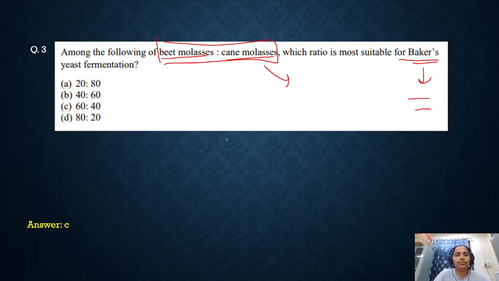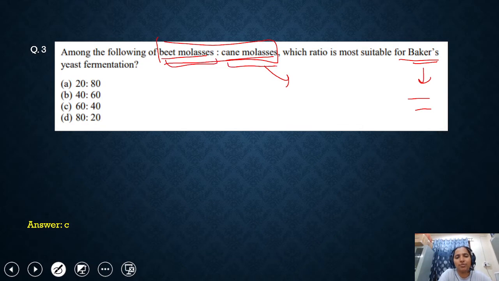Okay, so you must know the ratio of both these types of molasses that are used. So for the baker yeast production, this is used in 60 to 40 ratio, like 60% of this and 40% of cane molasses is used. So for this question, answer is C.